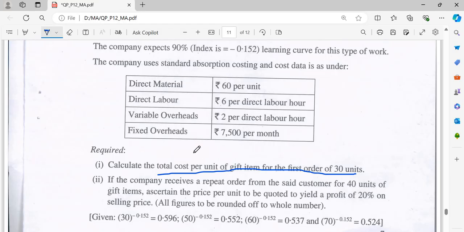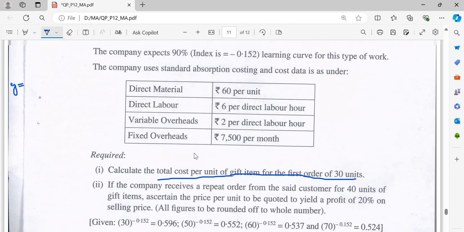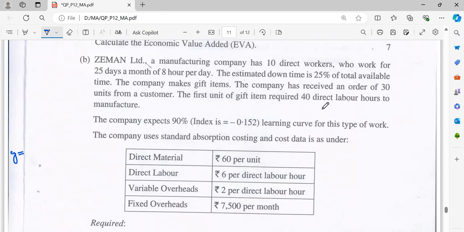So let's calculate this. Here we can calculate time, that is y, based on the 40 direct labor hours we have. So 40 into 30 to the power of minus 0.152, the index value.